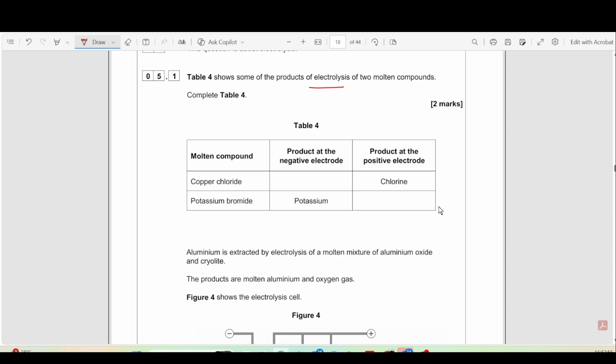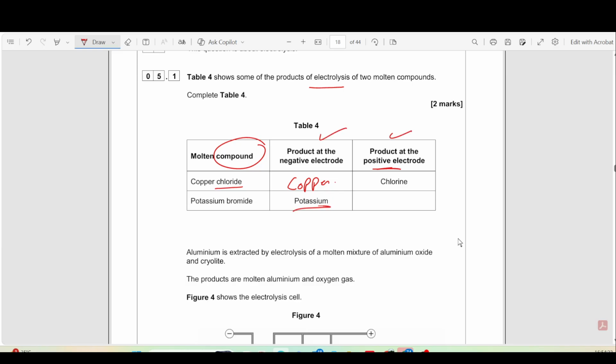So the molten compound is copper chloride, and the product at the positive electrode we are getting is chlorine, right? Here we already wrote chlorine, so what is left? Copper, so we can just write copper here because these are the two products.